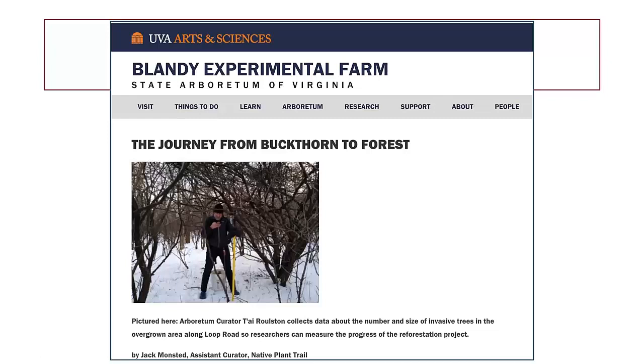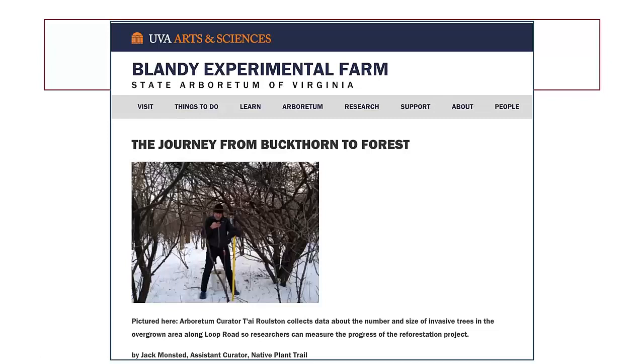The initial investment was over $40,000, and this was started in January of 2022. Now, what they found is that, of course, the buckthorn resprouted. So they're currently studying ways to stop the buckthorn from resprouting, including mechanical work, some chemical means, and some goats. But it's become quite an endeavor at Blandy. They've added an additional 4 acres to the first 2 acres that they started, and this is an ongoing project.